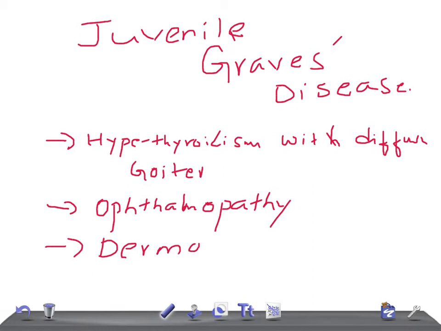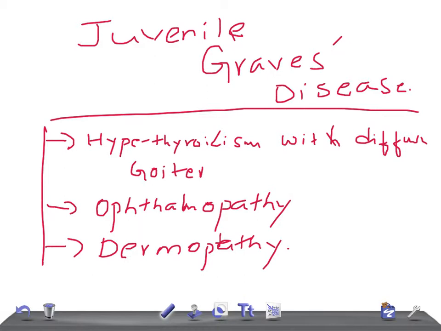So this is a very important triad you should know: hyperthyroidism with a diffuse goiter, ophthalmopathy, and dermopathy.